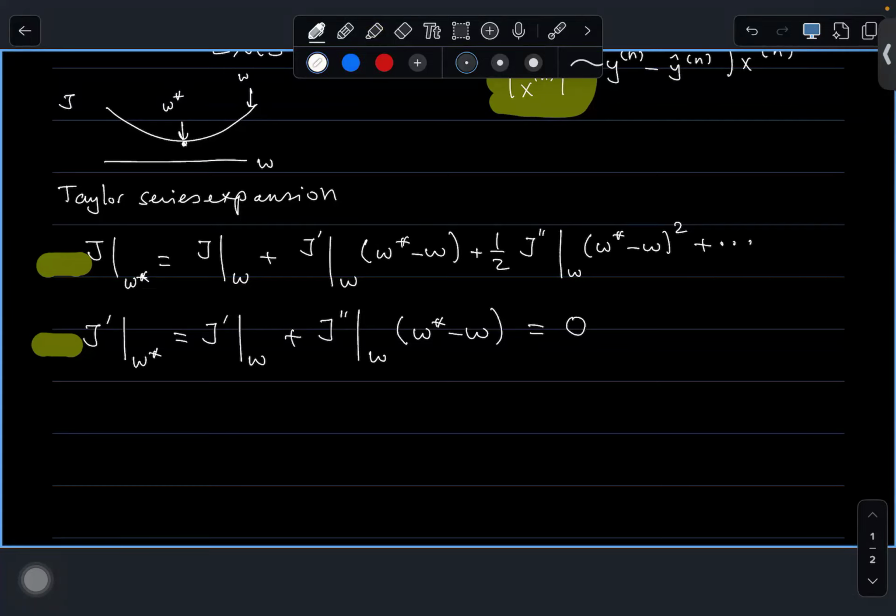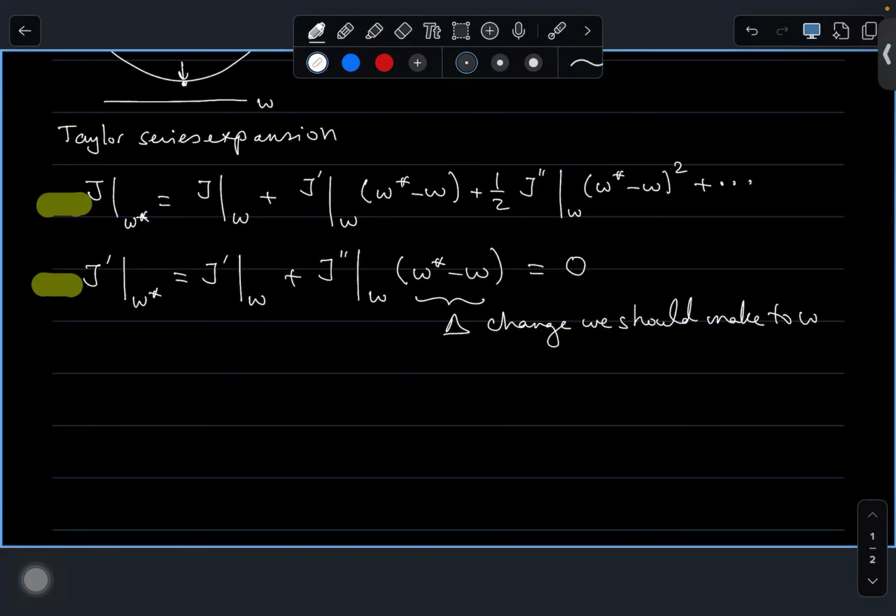Well, the change that I want to make to my parameter W is this. This is the change that we should make. This is the change that I should make to W. So if that's the change that I should make to W, let's solve for this.